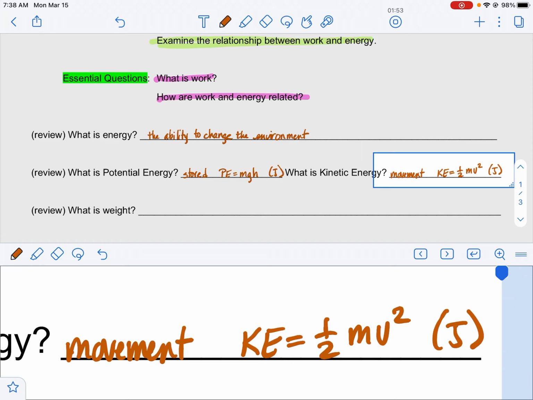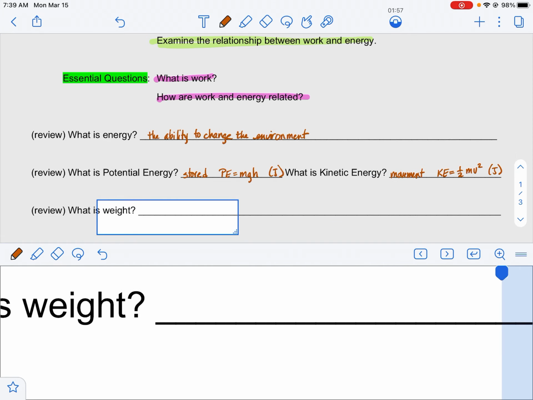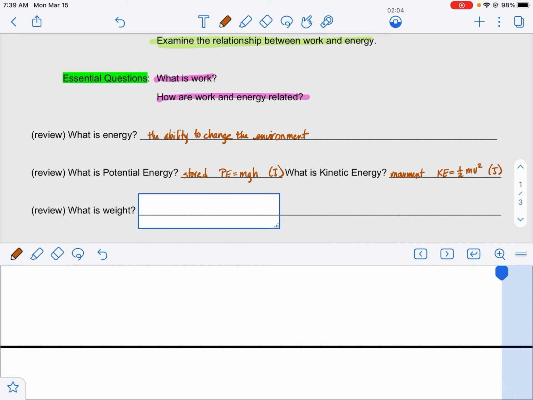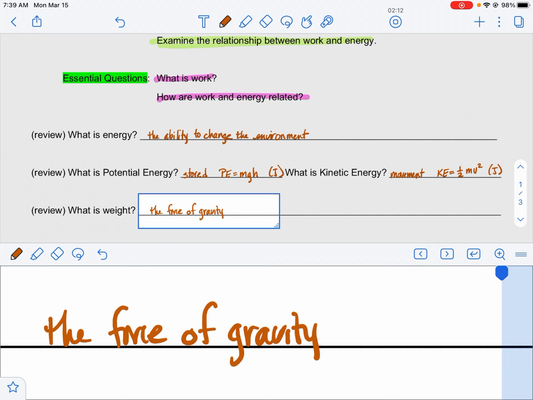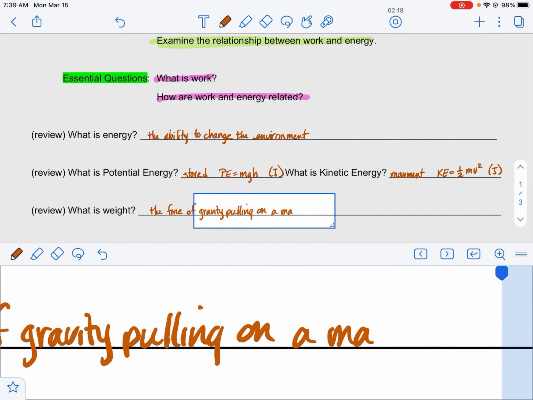All right, and then we're going to think way back to first semester, because for work we also need to know a force, and the force we're going to focus on is weight. So how do you find weight? Well, weight is the force of gravity pulling on a mass.